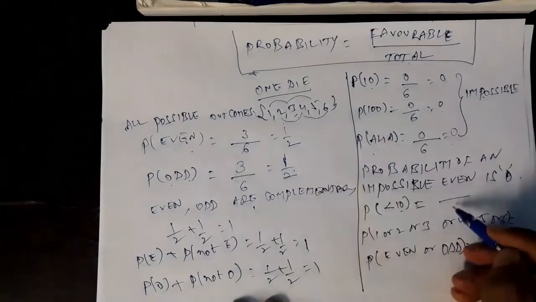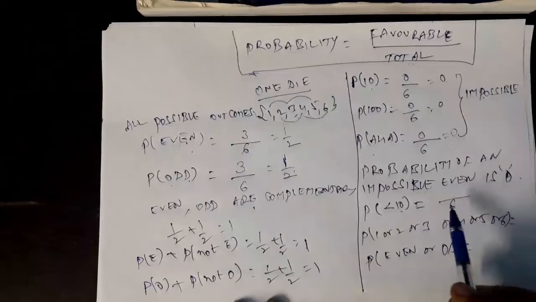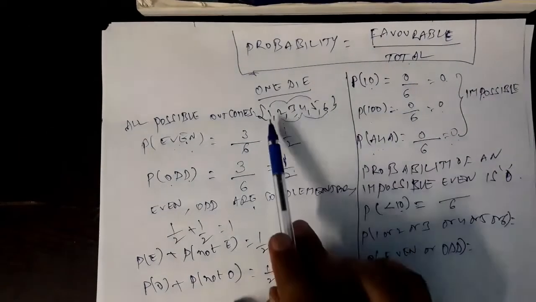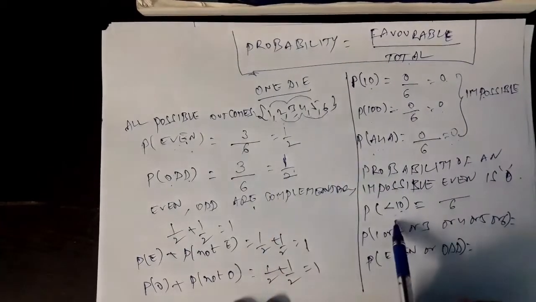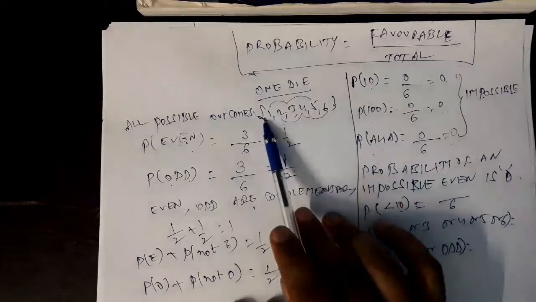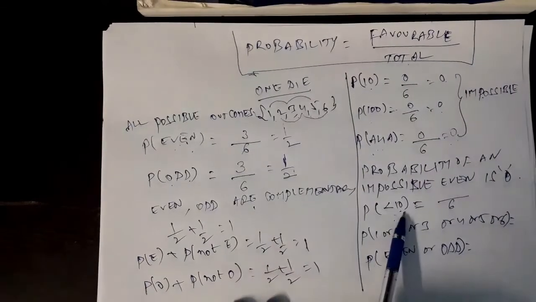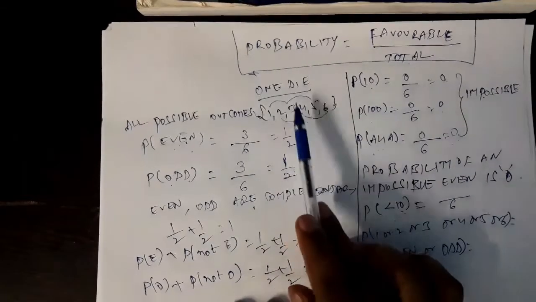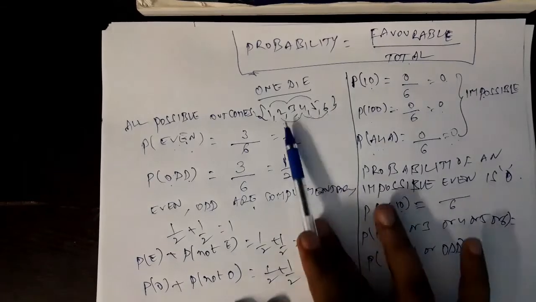Total is 6. Now coming to the numerator, less than 10. How many of these 6 are favorable to this event? Is it satisfying this condition or not? Is 1 less than 10? Yes. So this is favorable. 2 is also less than 10, so this is also favorable. 3, yes, less than 10, satisfying, so this is also favorable.